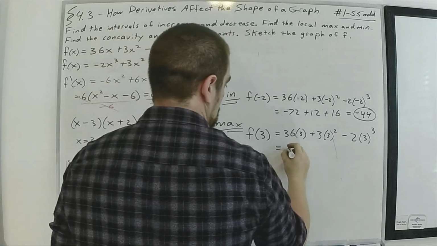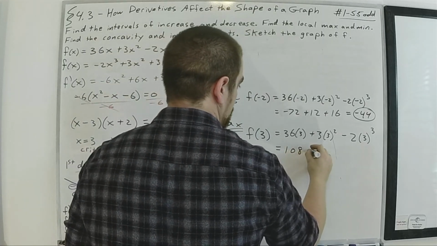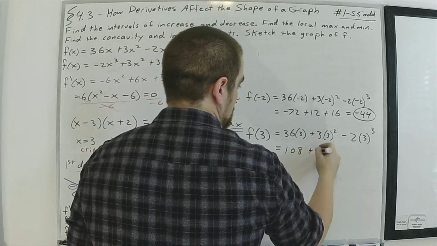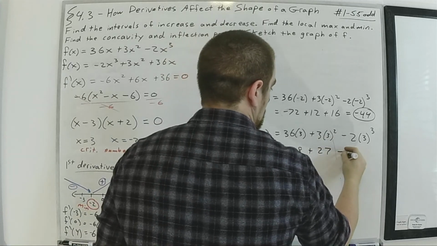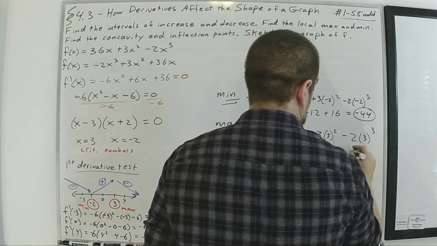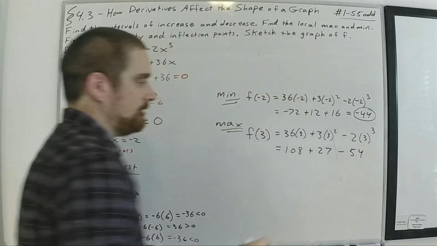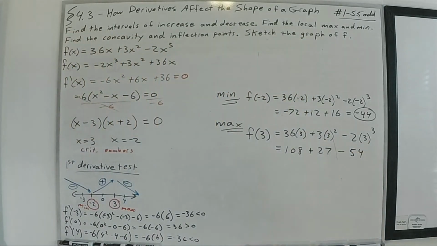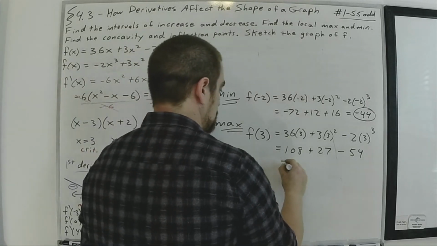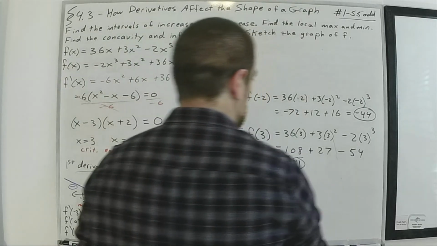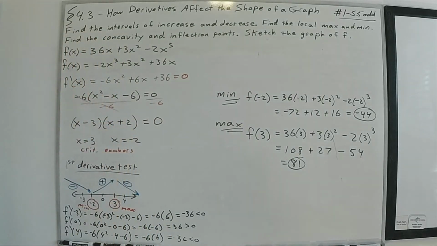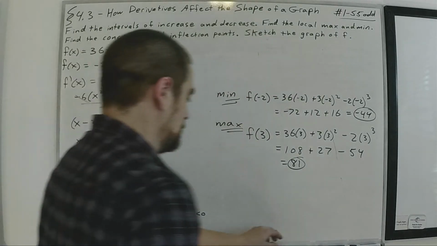That will be 108 plus 3 squared is 9 times 3 is 27 minus 3 squared is 27, and then 27 times 2 is 54. So 108 plus 27 minus 54 is 81. So I want to make sure I get those numbers right.